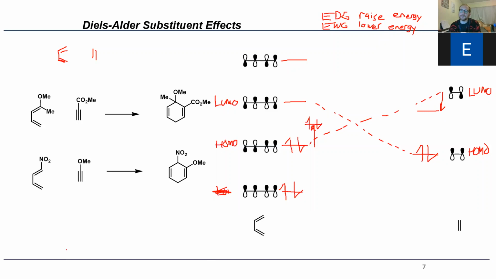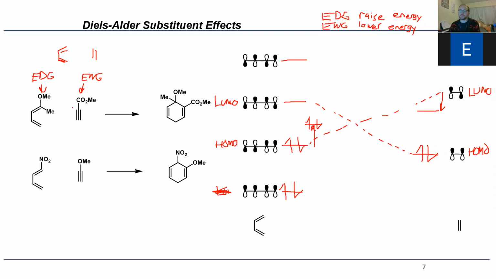And so we have a convention which is saying if we put electron donating groups on the diene, like in this first example here, and react it with an electron poor dienophile, like this one shown here, right? This is an electron withdrawing group. This is an electron donating group.